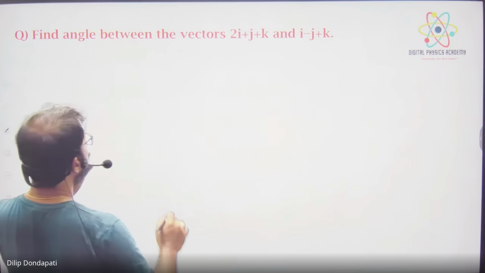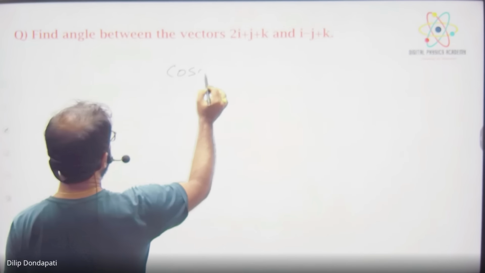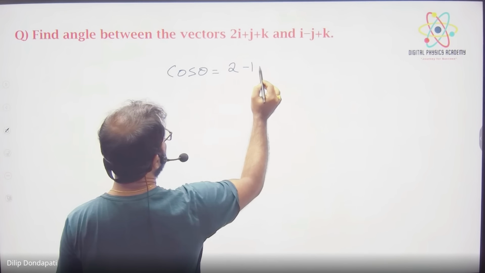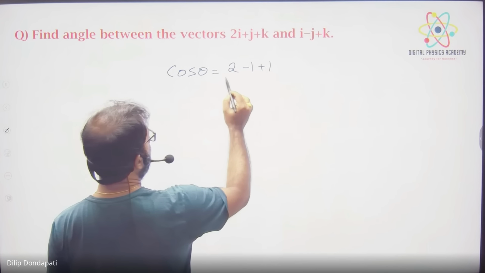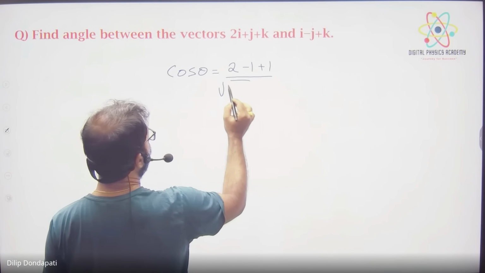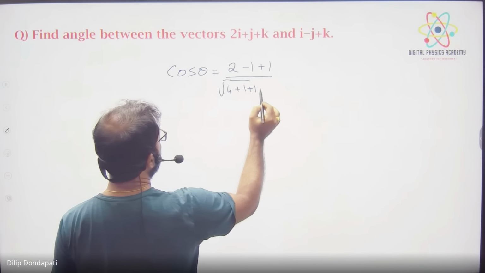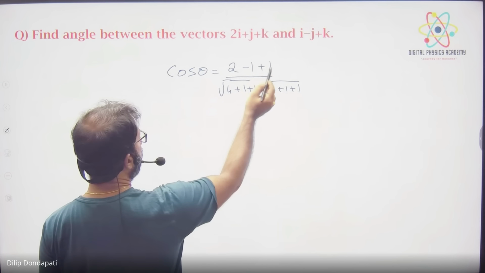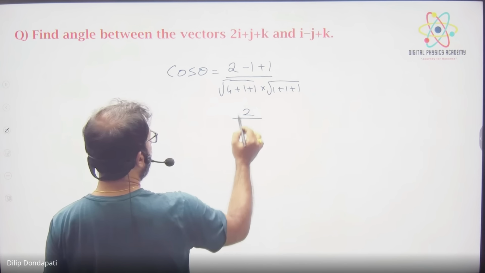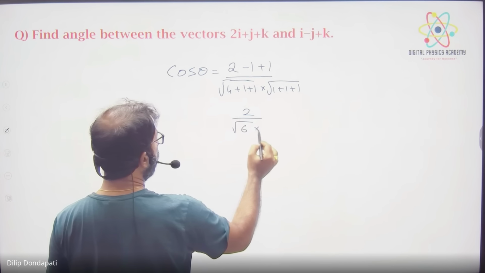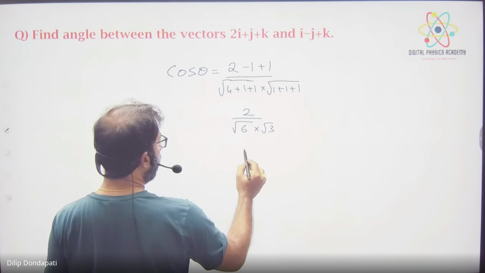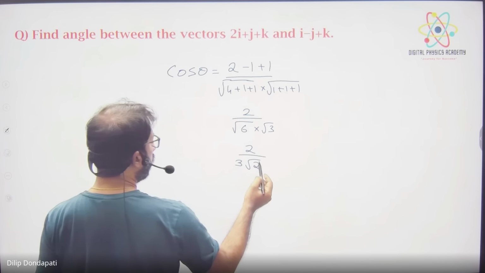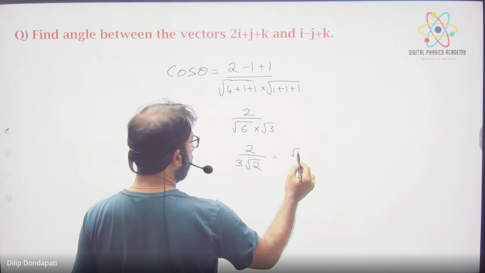We'll see. What is the cos theta formula? A dot B. So do the dot product. 2 minus 1 plus 1, right? By mod A. Mod A means under root 4 plus 1 plus 1, into under root 1 plus 1 plus 1. So 2 minus 1 plus 1 is 2, by under root 6 into under root 3. So under root 18, which means 3 root 2. So nothing but root 2 by 3.